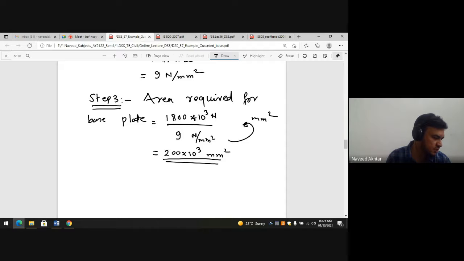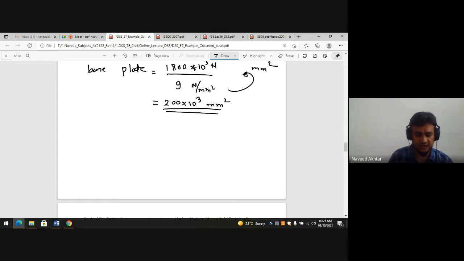Now you have to select the gusset material to join the column. As step number 4, I will write down selection of gusset material for bolted connection.